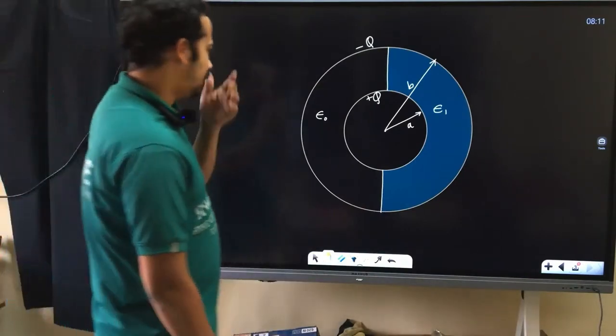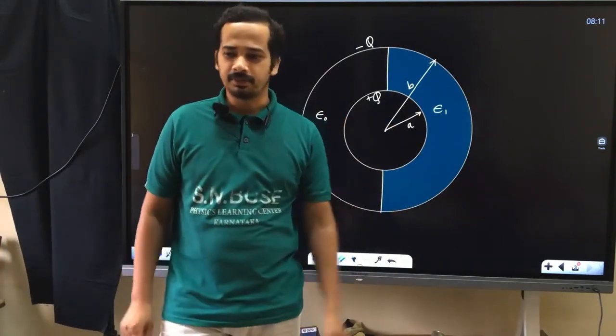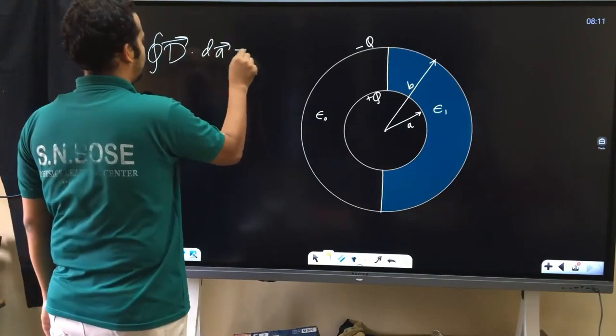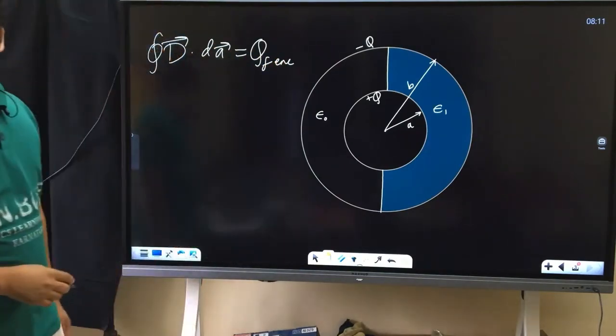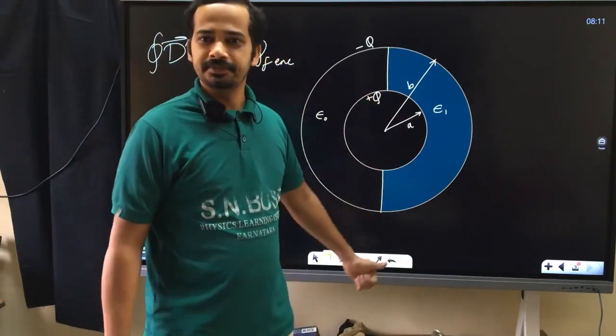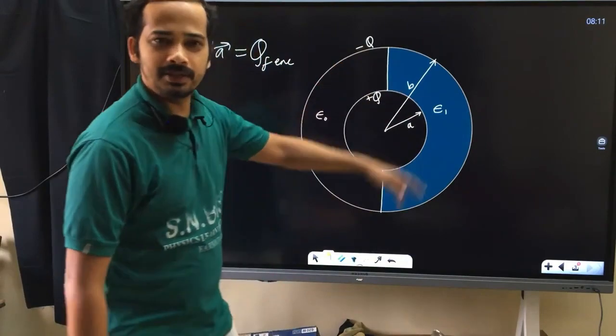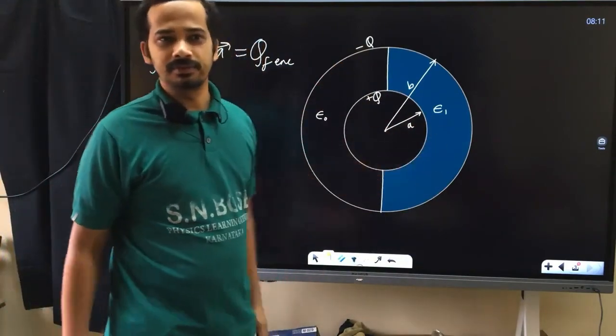What I am thinking is the free charge densities have spherical symmetry. Am I right? D dot dA equals Q free enclosed. These free charges have spherical symmetry, can I say like this? I will apply this and find D, and I will find the electric field in these two regions.